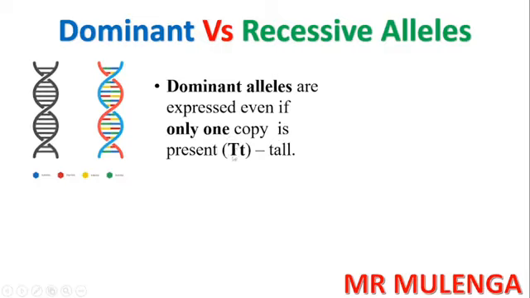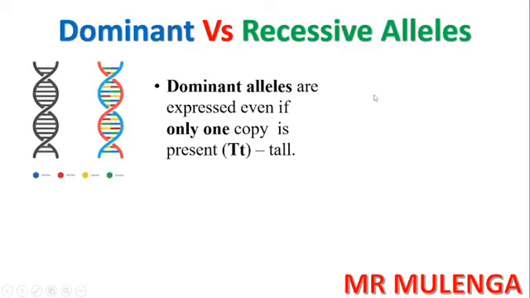If you're talking about tallness, because it's heterozygous and T is capitalized, we say this organism is tall. Or you can have homozygous dominant, where both letters are capitalized. You still say that organism is tall.